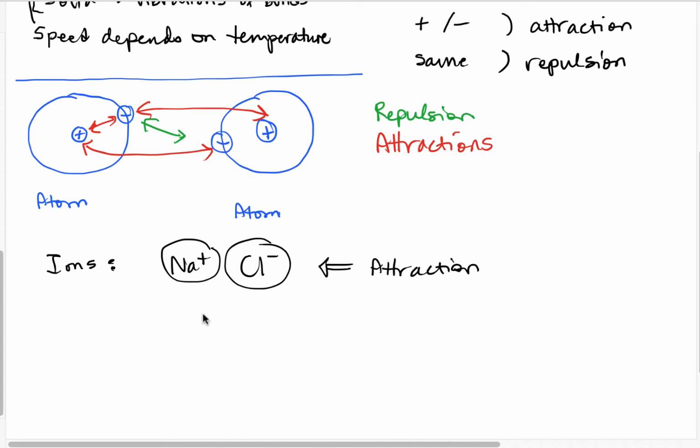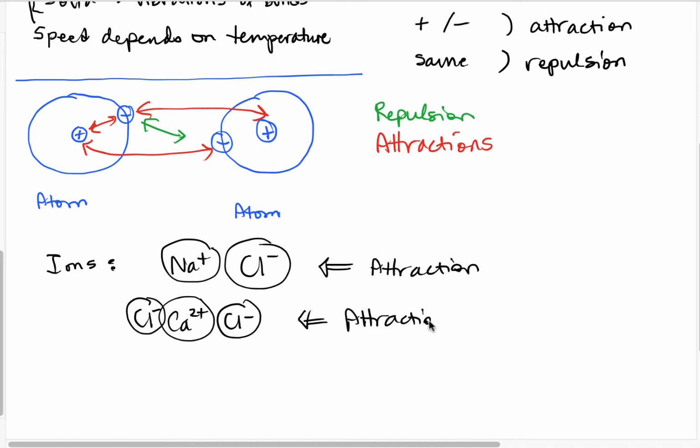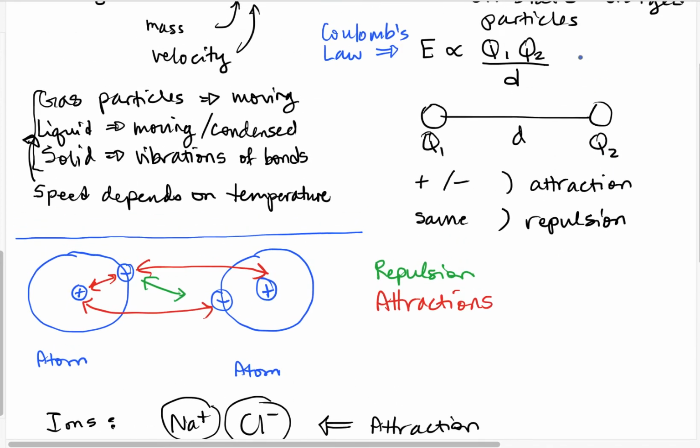So imagine that you have now a calcium ion and some chloride ions. This also is going to have attraction. But notice that the charge on the calcium is a larger ion charge. And larger ion charges, if we look back up at Coulomb's law right here, right?